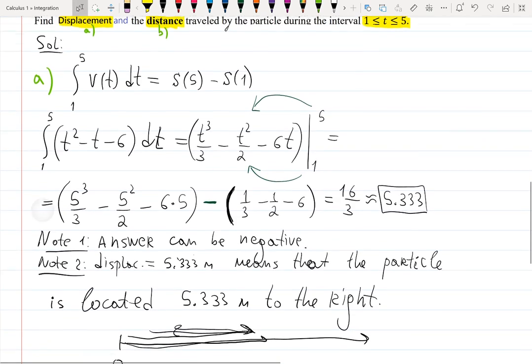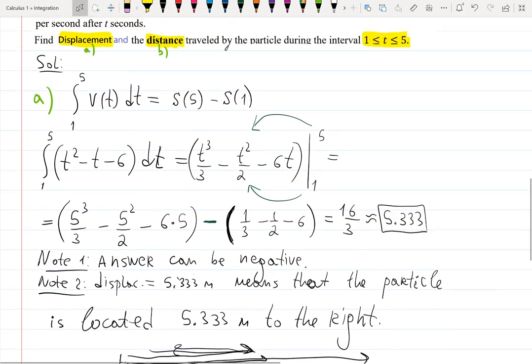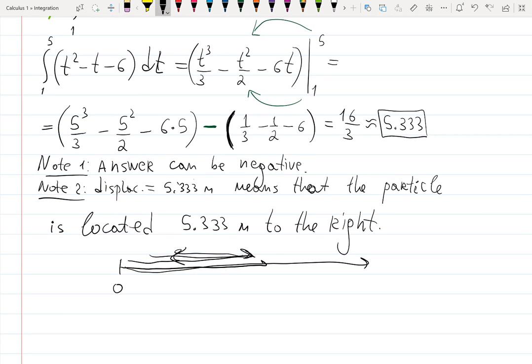And then the time we measure is from 1 to 5. So maybe it came back a couple times, and then it kept going, and then it stopped at 5, or maybe not stopped, but at least our recording stops when the particle is 5.333 meters to the right. If it goes to the left, then it's negative. Make sense?